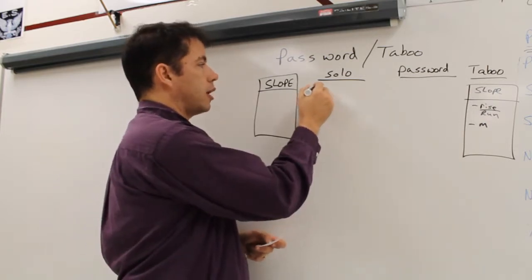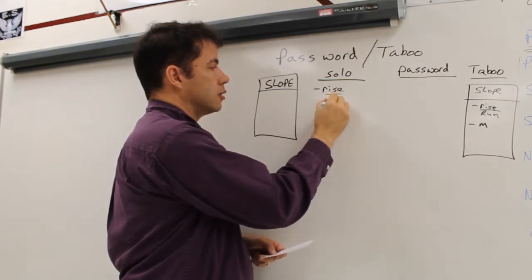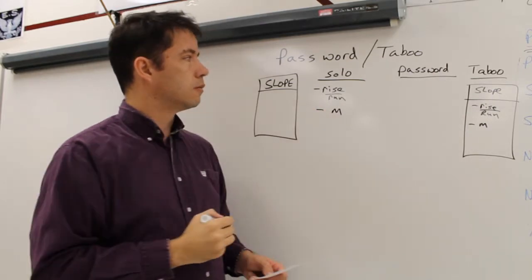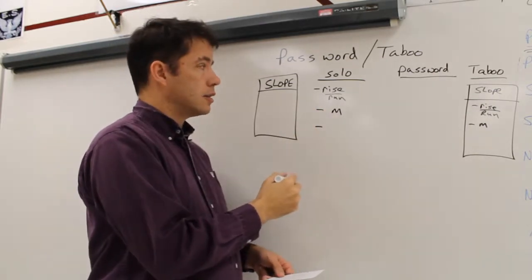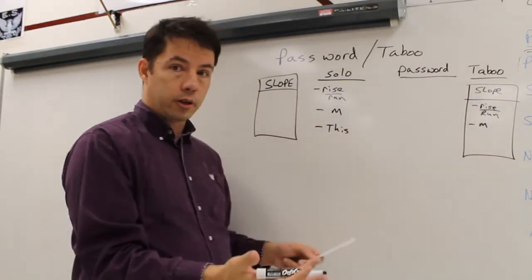So for slope, they're going to start with rise over run, a basic definition that maybe they've been taught. Hopefully you can even get them to actually write and work on their literacy skills as well.